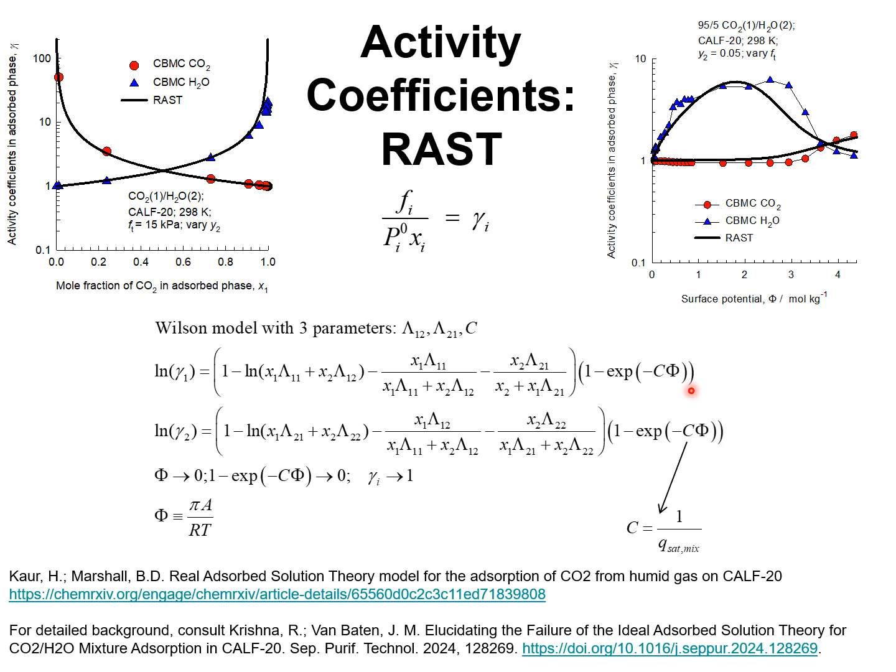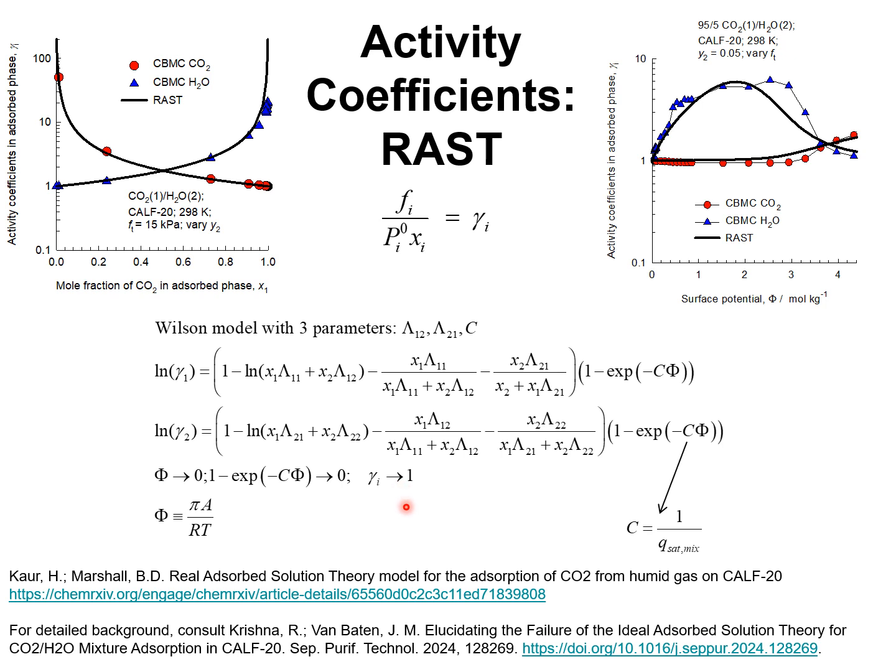When the pore occupancy is 0, the activity coefficient should tend to unity, and the introduction of this correction factor ensures this. So when phi tends to 0, 1 minus exponential of minus C times phi, which is this correction factor, tends to 0, and therefore gamma i tends to 1.